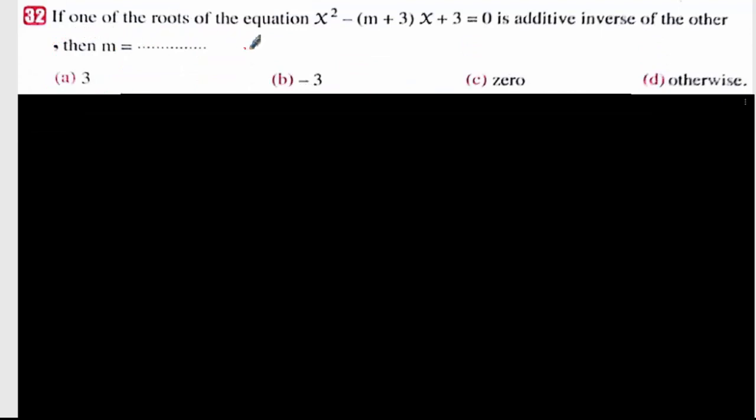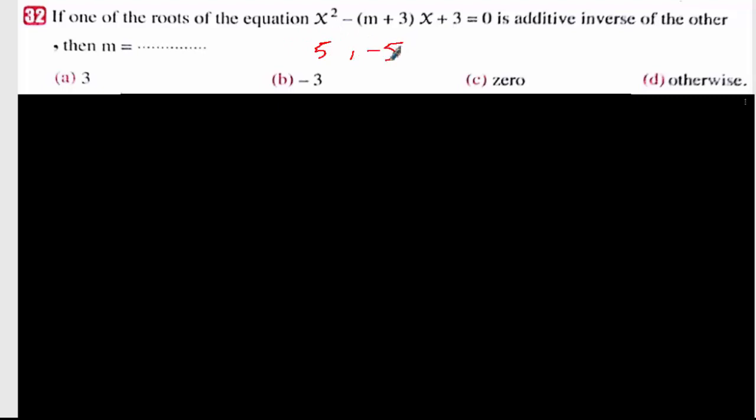Question 32. If one of the roots of the equation x squared minus (m plus 3) multiply x plus 3 equals 0 is the additive inverse of the other root, then m equals. One of the two roots is the additive inverse, so their sum equals 0. Example, if one of the two roots equals 5, the other root will be negative 5.